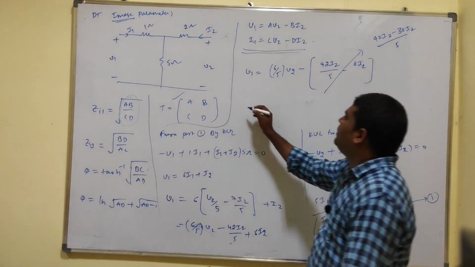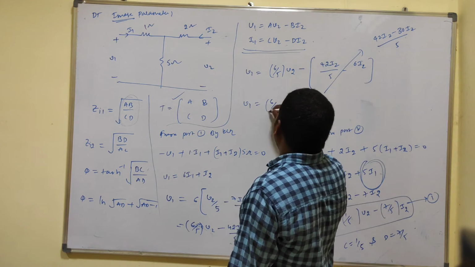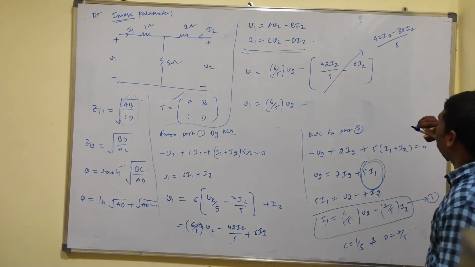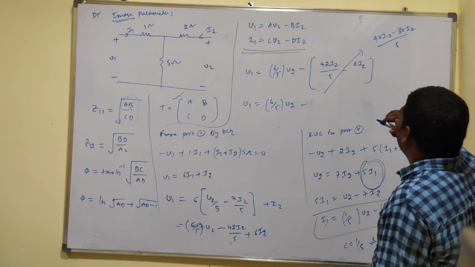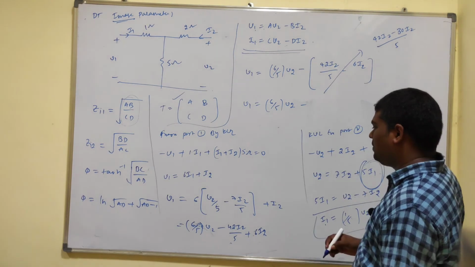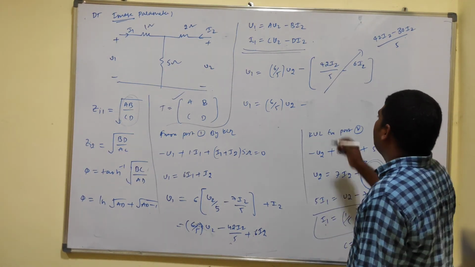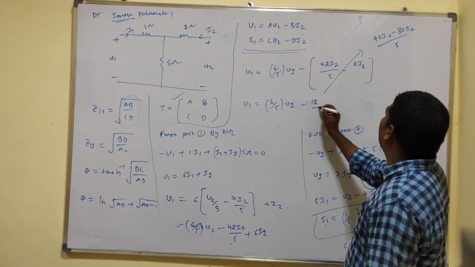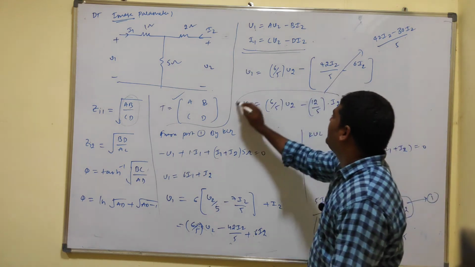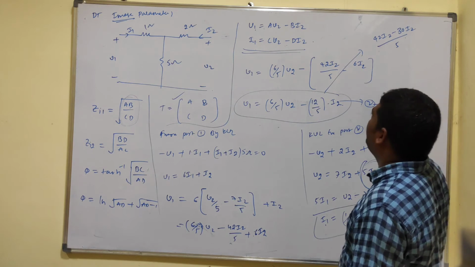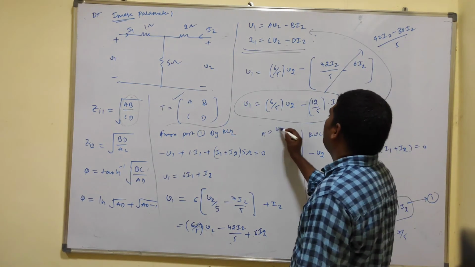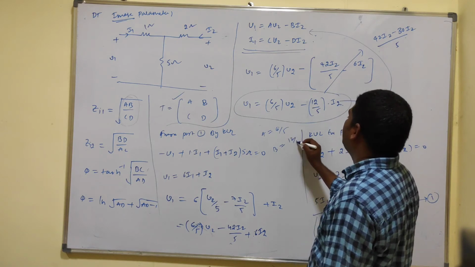So V1 equals 6 by 5 V2 minus, 42 minus 30 is 12, so 12 by 5 into I2. This is equation number 2. Compare equation number 2 with the above equation, then you get A equals 6 by 5 and B equals 12 by 5.